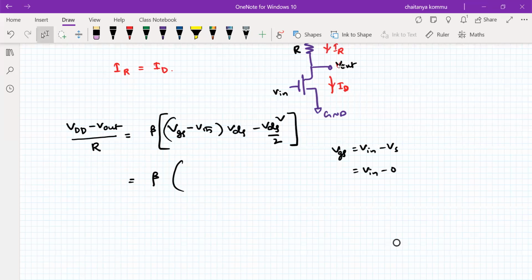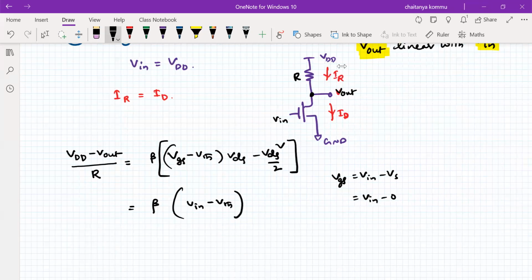Therefore, it is nothing but VIN minus VTH. What is the VDS of the transistor? On the drain side, what is the potential? VDS is equal to VD minus VS. VD is V out, and VS is nothing but 0. So this is nothing but V out, and this is V out square divided by 2.